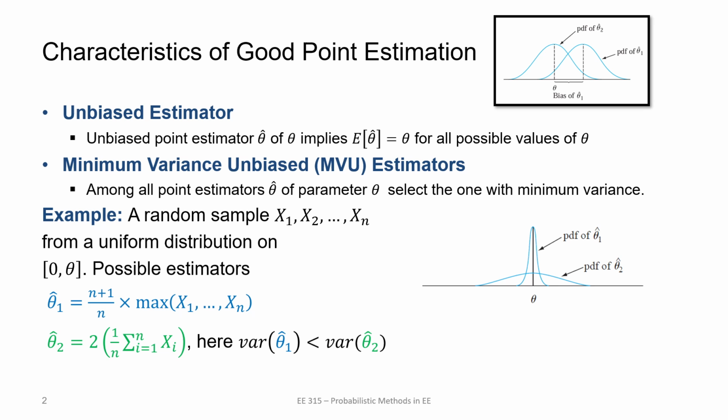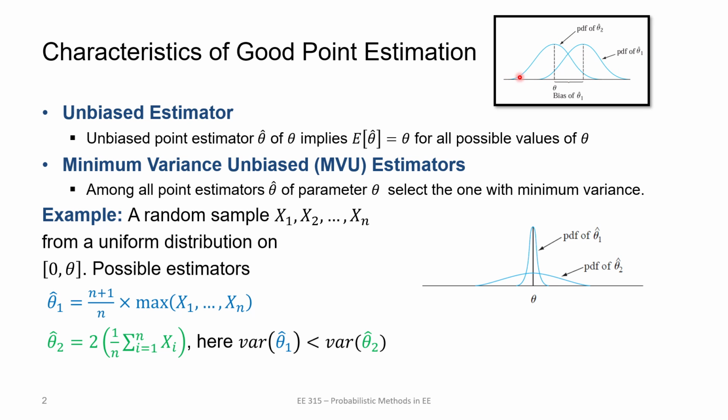So the characteristics of good point estimators: the first one is that the estimator needs to be an unbiased estimator, which means the estimator on expectation should give you what you are looking for. So basically here we are trying to estimate theta. There are two estimators, theta 2 and theta 1.